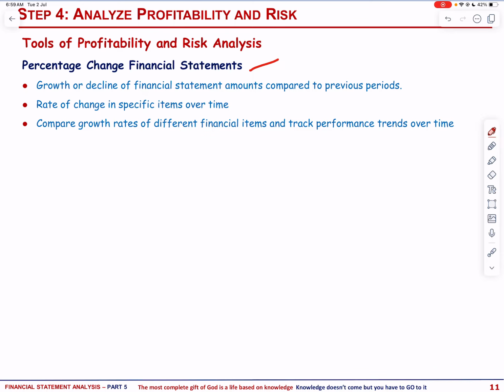They emphasize the rate of change in specific items over time, whether annually or across multiple periods. This tool helps in understanding how different financial statement items have grown relative to each other and in identifying trends in performance over time.